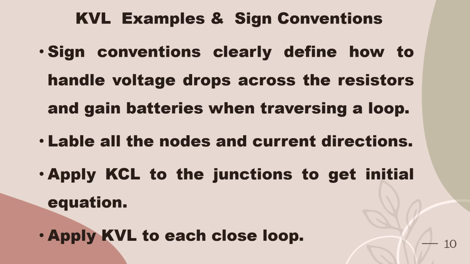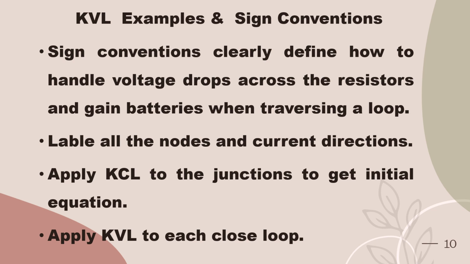Kirchhoff's voltage law shows the example and sign conventions. Sign conventions clearly define how to handle voltage drops across the resistors and gains across batteries when traversing a loop. Label all the nodes and current directions.